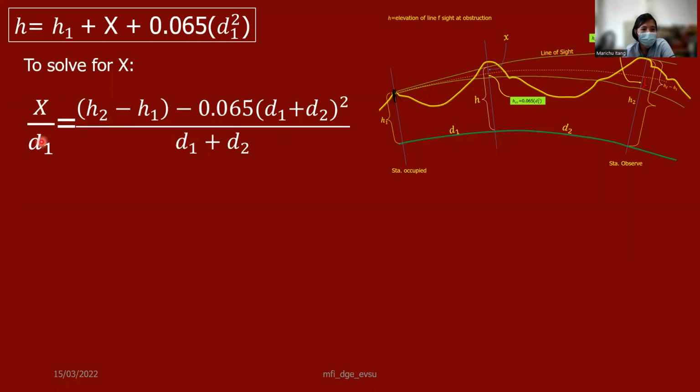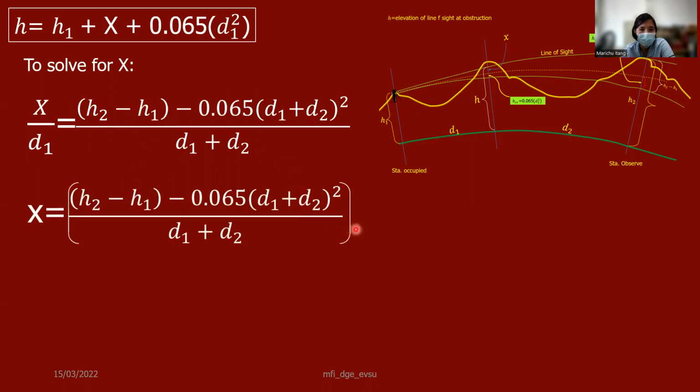So to find x, we just cross multiply this one. Cross multiply D1 with the whole equation on the right side. So x is equal to, just copy nyo lang, and then multiply D1. Okay, then distribute. Pwede nyo siyang i-distribute yung D1 to H2 minus H1, and then simplify the equation.